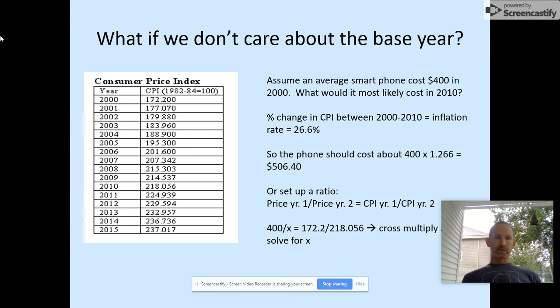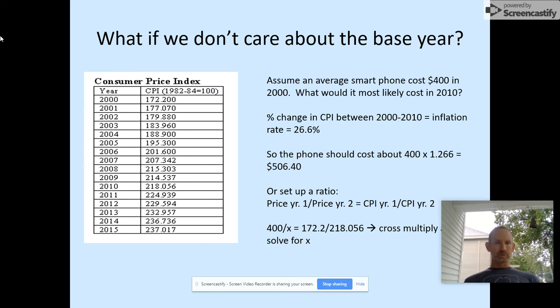Well, the way you can do that is we basically just assume that, remember, the CPI tells you an average price level. So if you calculate the percent change in CPI between 2000 and 2010, that's a measure of the average inflation rate. And I'm not showing you the math here, but if you need help, ask.